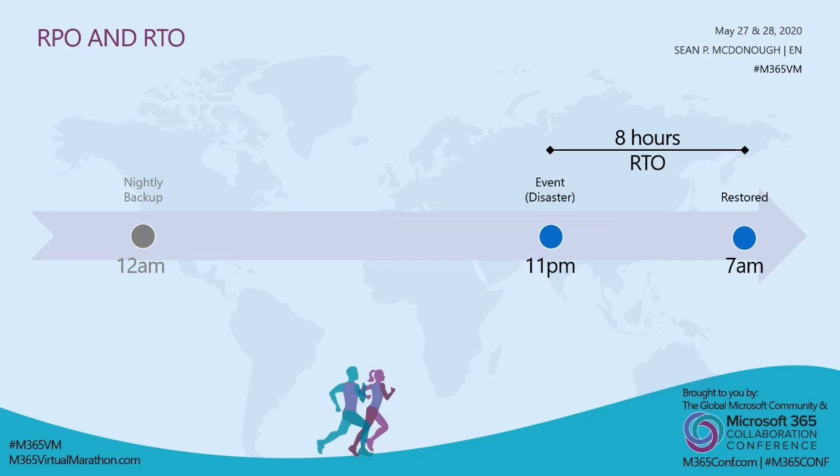RTOs can be affected by a large number of factors. So they're not just chosen willy-nilly. Oftentimes you want to rely on certain people, and unfortunately, in certain cases, you can't rely on specific people, and that gets into the process of writing recovery plans, which we'll mention a bit later.